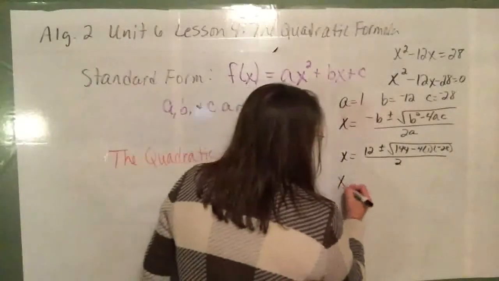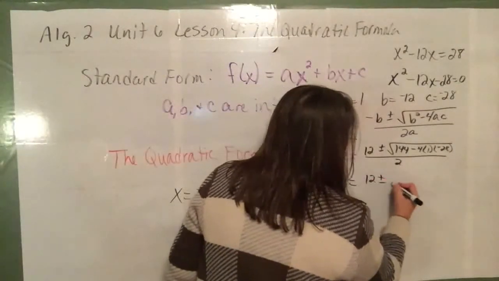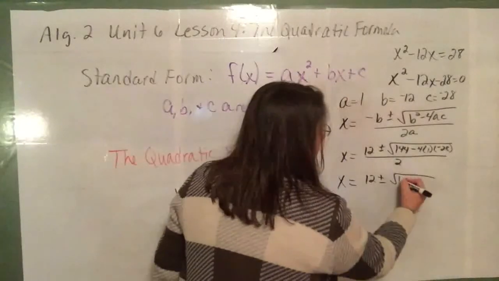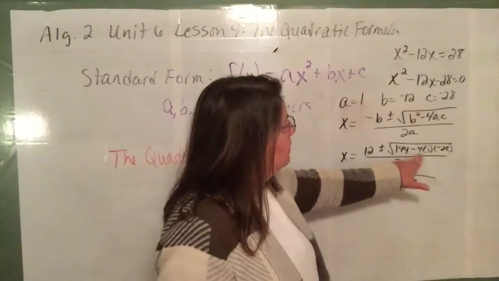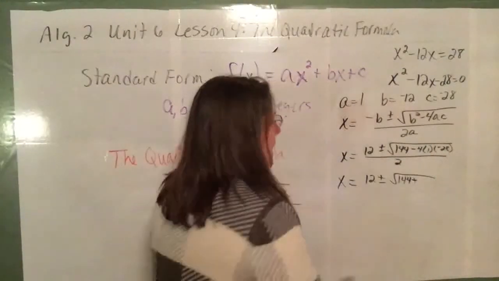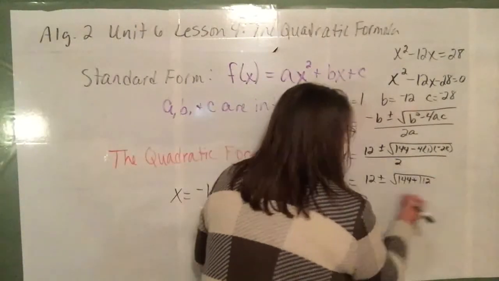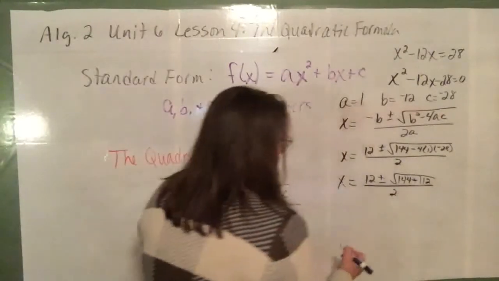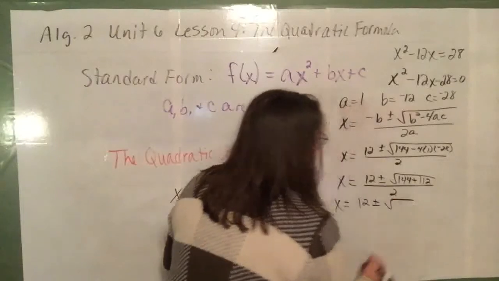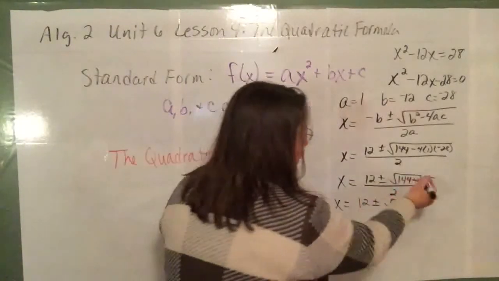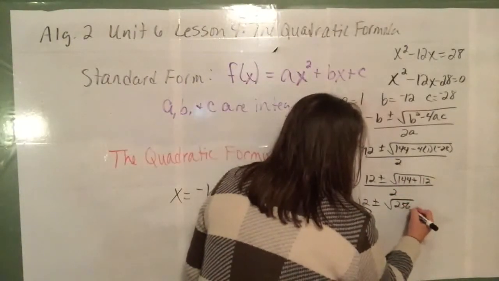So x equals 12 plus or minus the square root of 144 plus negative 4 times 1 times negative 28, which is a positive 112. That's still over 2. So then we have x equals 12 plus or minus the square root of 144 plus 112, which is 256.